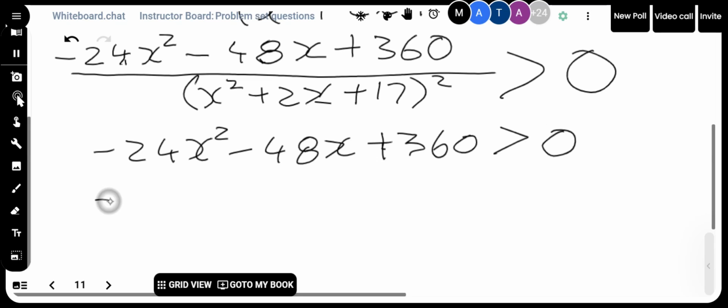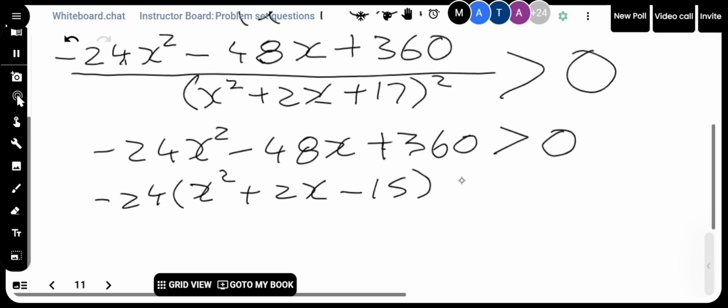So minus 24, and then what we have inside would be x squared plus 2x, and I believe that would be, what is that, 360, 15, I think? Thank you. So minus 15 is greater than 0. Okay, so we factored that.